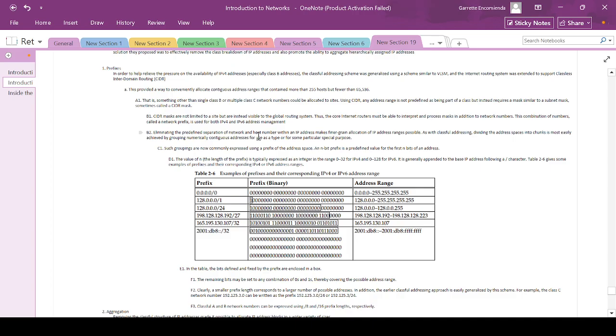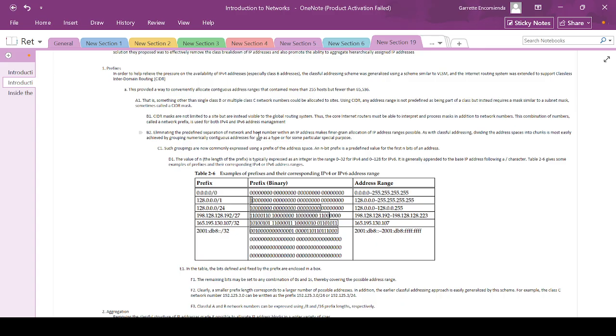A single class B or multiple class C network numbers like that could not be allocated, right? Because it's a huge number of hosts.